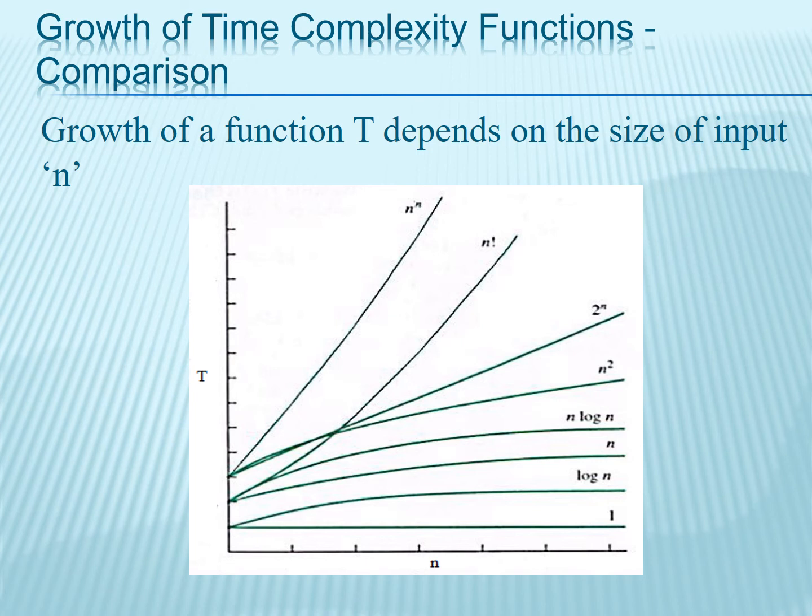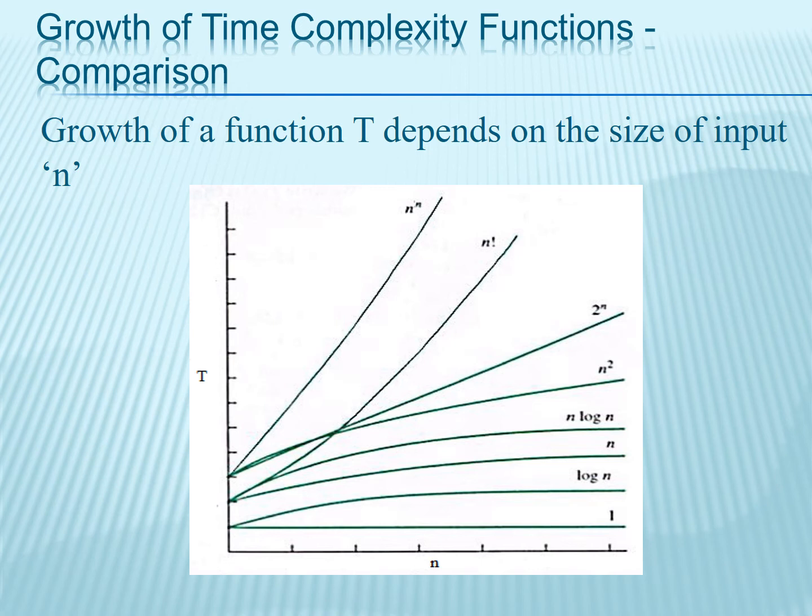Similarly, the log n line varies slightly with the variation of n. When you see the line of n square, with the variation of n, the t values vary a little bit more steeply than the log n and n log n functions.